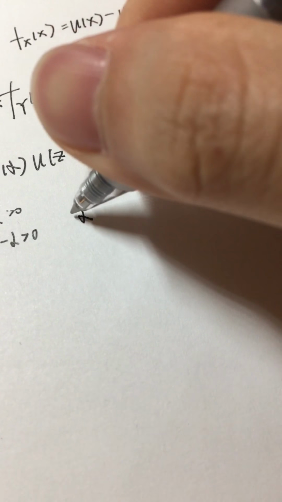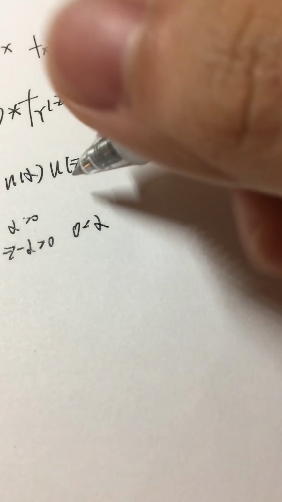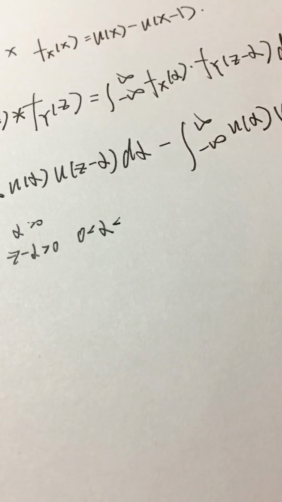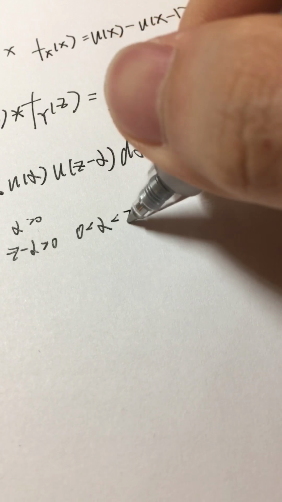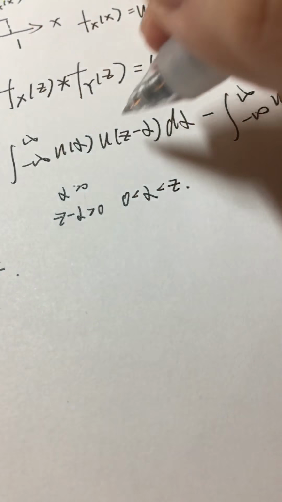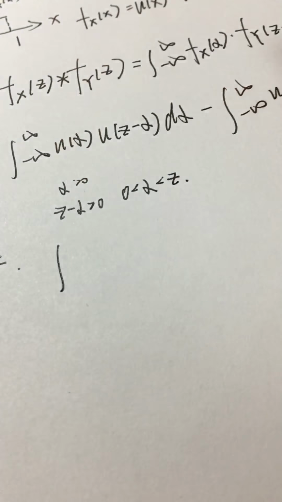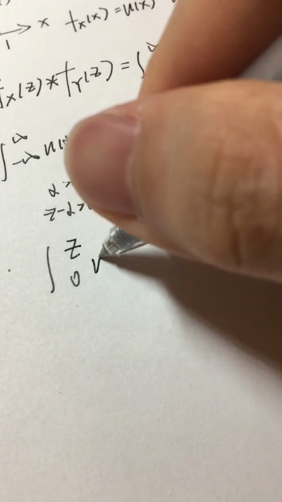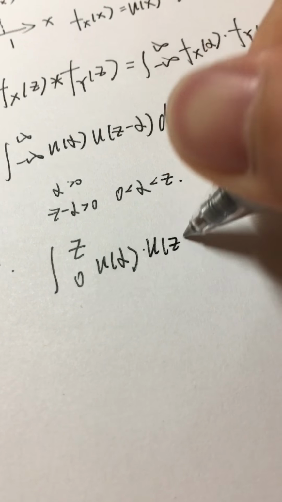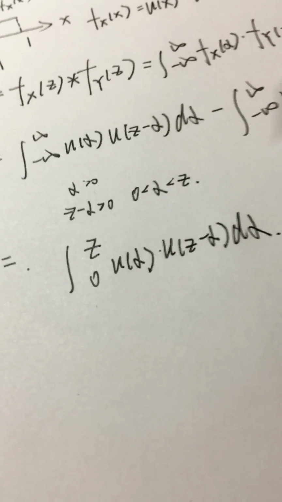So we know that alpha is greater than 0 and less than z. So we can rewrite this integration to the integral from 0 to z of u(alpha) multiply u(z minus alpha) d alpha.